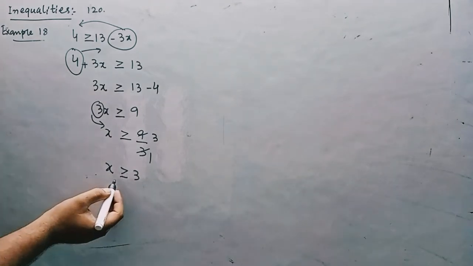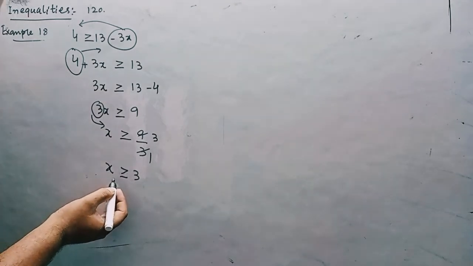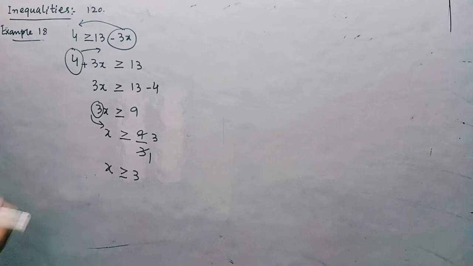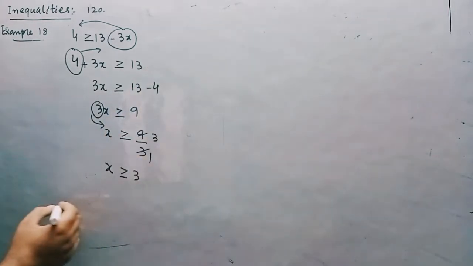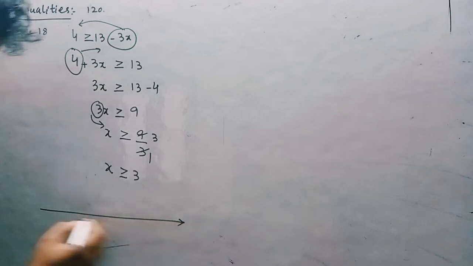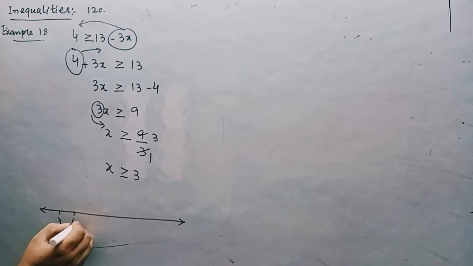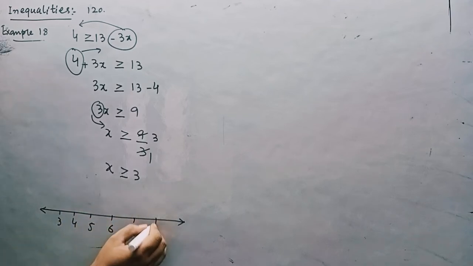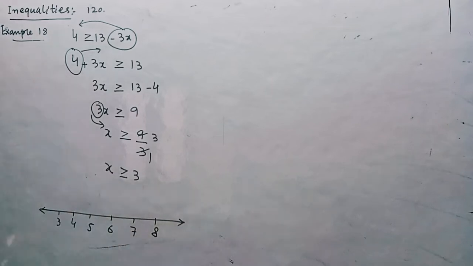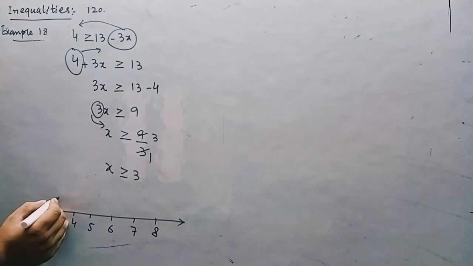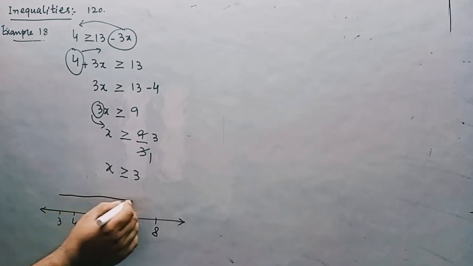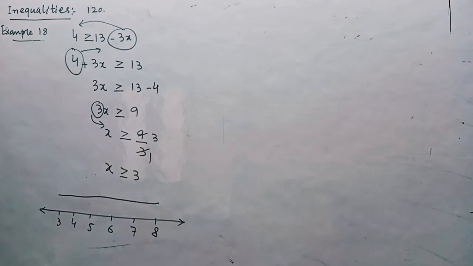Now you can see the x का value जो है that is equal to 3 or greater than 3. How to show this on the number line? You can see I will draw here the number line. Here I will write here 3, 4, 5, 6, 7, 8. कहाँ से x is greater or equal to 3 से start कर रहा है. 3 से start कर रहा है, कोई limit नहीं है.